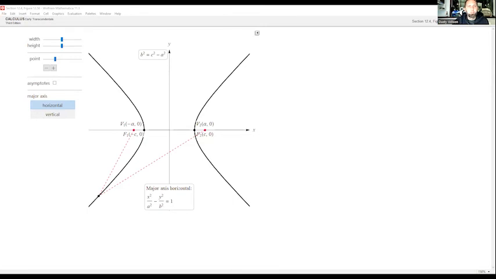So let's see if we can see it in the picture. So what we're saying is that we look at the distance from your focus out to a point on the hyperbola. And then you keep going from that same point all the way back to the other focus. And then we're going to look at the difference between the two lengths.